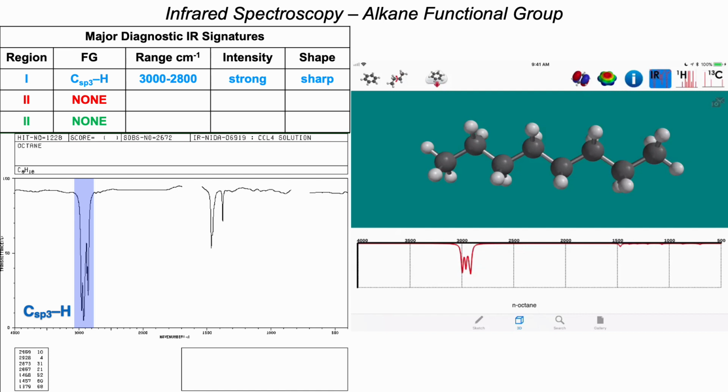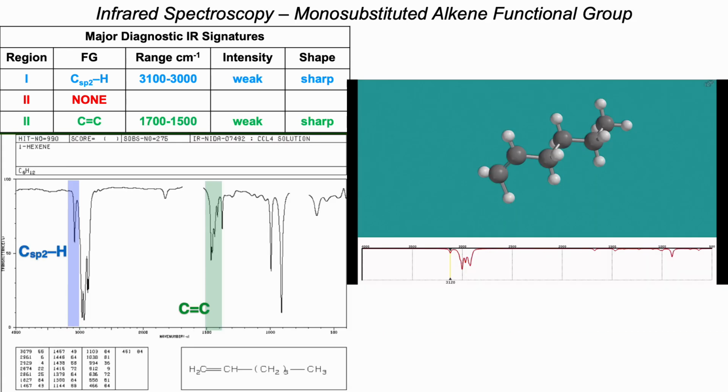So moving on now to the alkene functional group, and so this is a monosubstituted alkene.